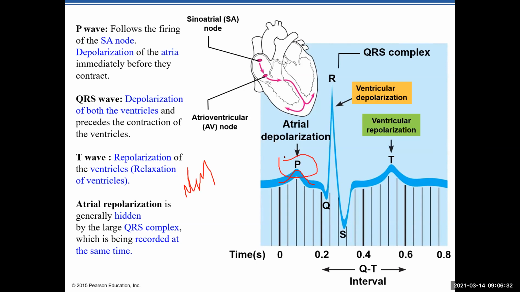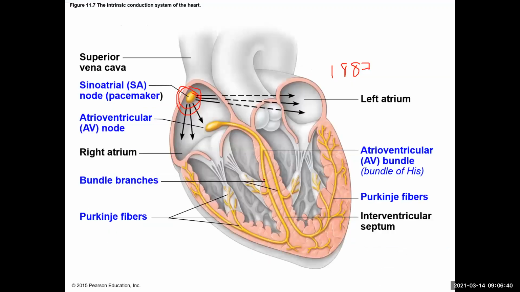This P wave is simply telling us that it is the depolarization of the atria. For example, the action potential was fired by the SA node, then we discussed how it spreads to the left atrium, and through the internodal pathway it's sent to the AV node. Then there's a pause till the atria finish contracting.